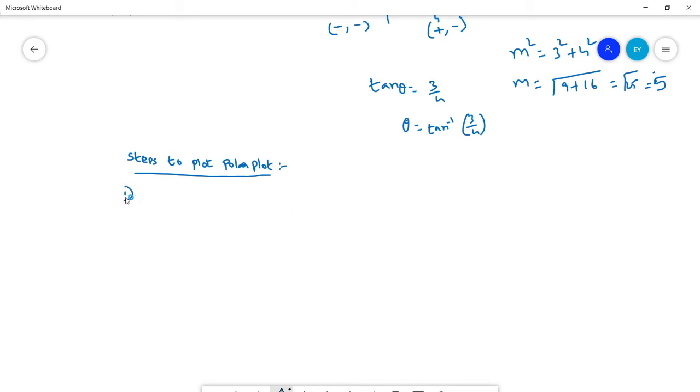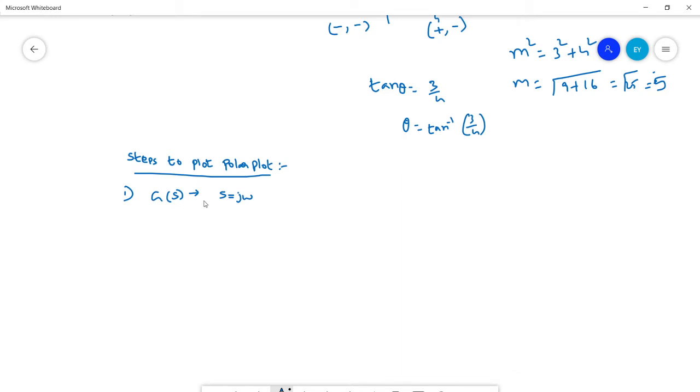So the first step is to determine the transfer function. You will be given a transfer function, so G of s will be given to you. You need to compute for G of s with s equal to j omega. You need to substitute s equal to j omega, with which you can get the transfer function in terms of real and imaginary parts. Right?